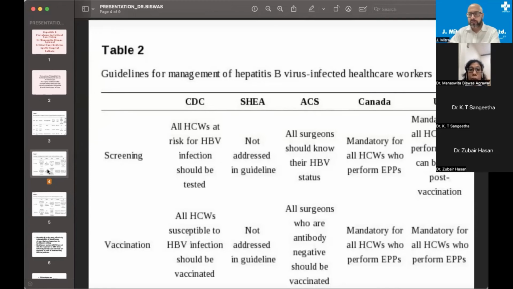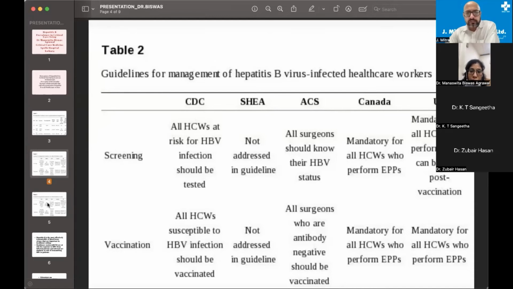But for the other healthcare workers, we were not aware and we were not very strict on the guidelines on that part. But I think in the near future, we will be having such a setup where all the people who are working in the healthcare sector would be vaccinated before they join their respective departments.